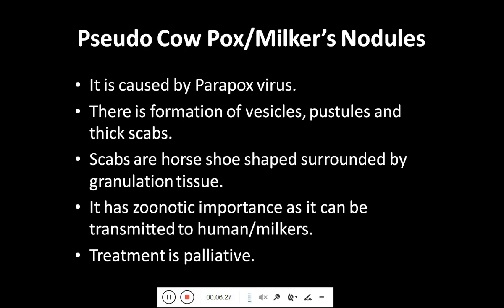That's why it is called milker's nodule. It is mainly transmitted to milkers who come in contact with the teat of the animal during milking, and it forms lesions on the hand of the milker. Treatment is again palliative; no specific treatment is there.